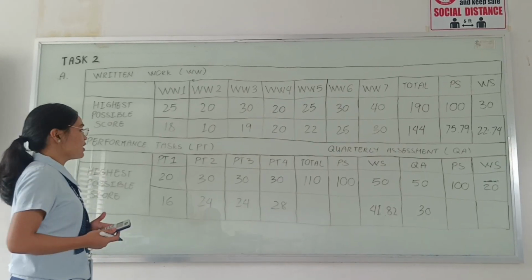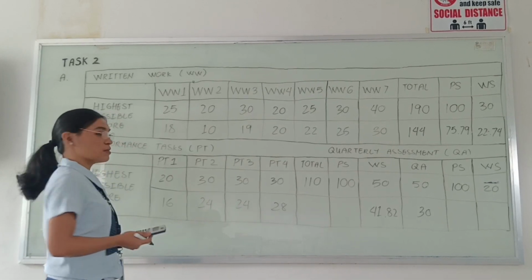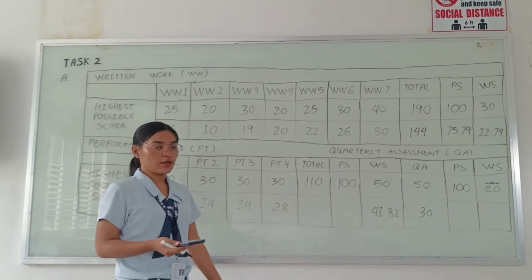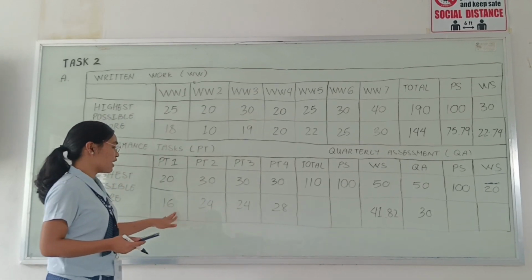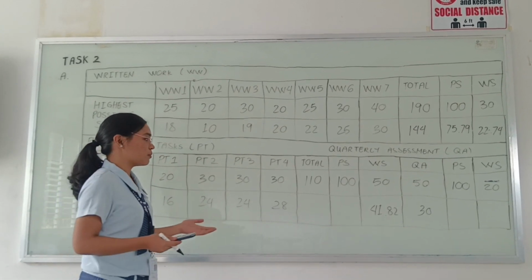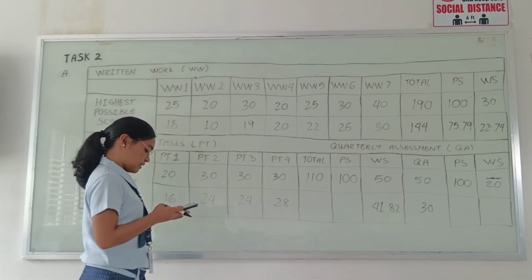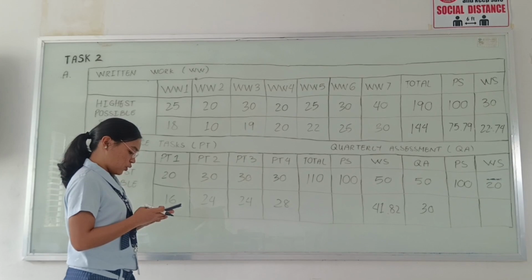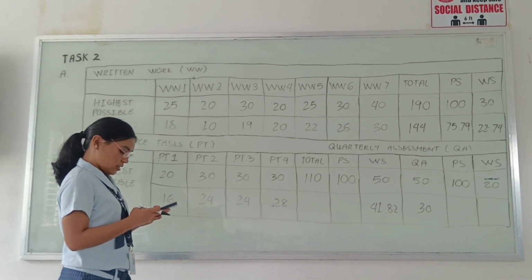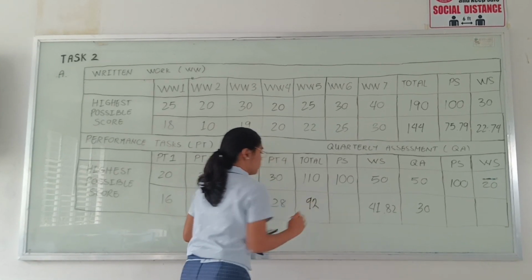We will now calculate Marie's raw scores in performance tasks. The highest possible score in performance tasks is 110. We will now add up Marie's raw scores to have her total raw score. So 16 plus 24 plus 24 plus 28 is equal to 92.